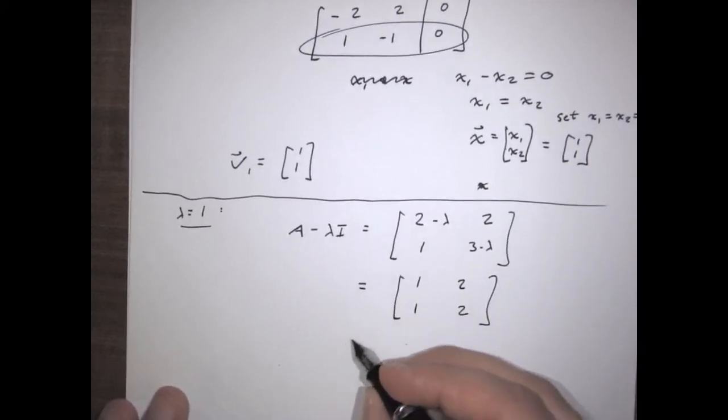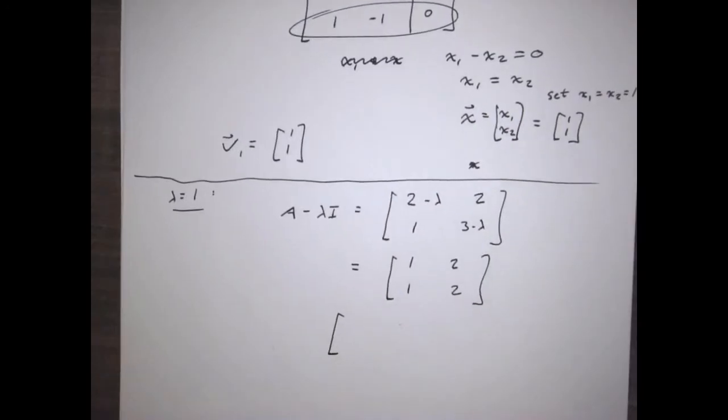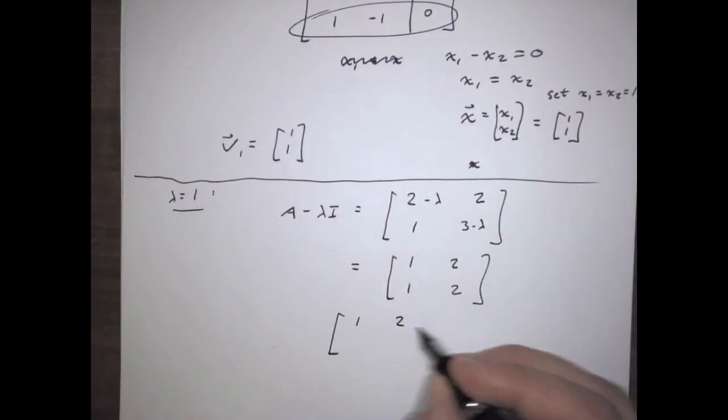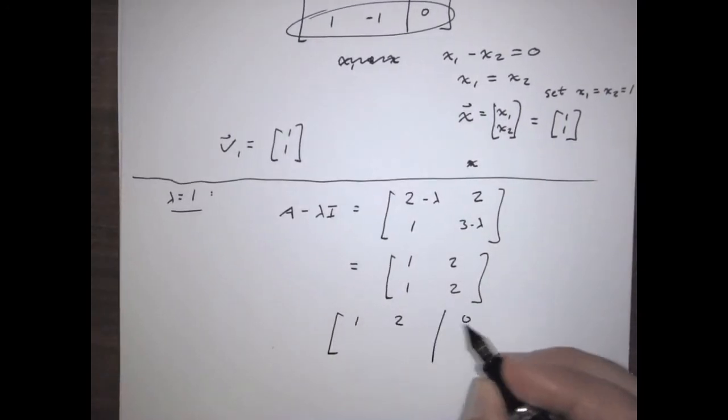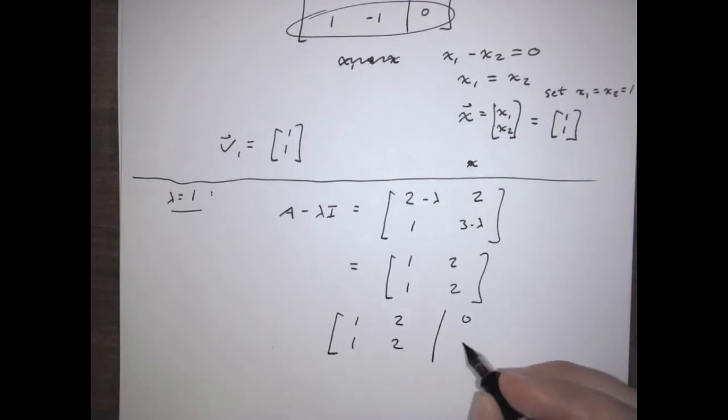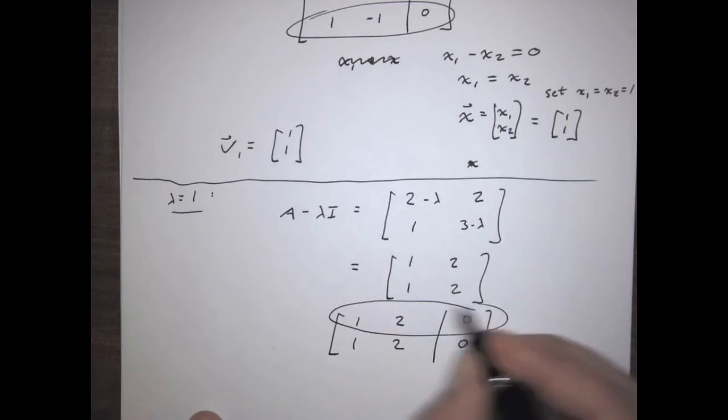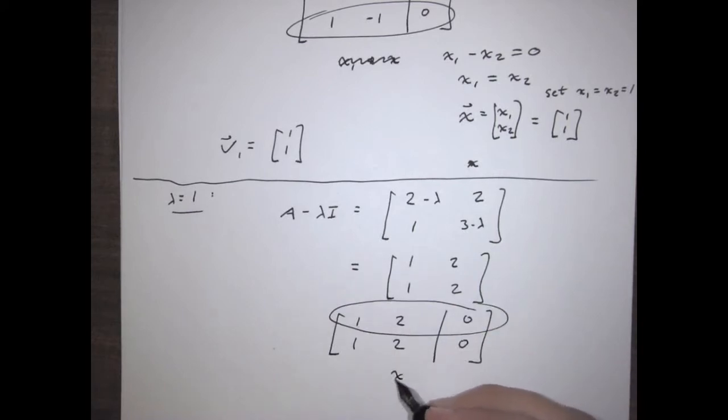And so we produce the system 1, 2, augment 0, 1, 2, augment 0, and we can just take any of these rows. This makes x1 plus 2x2 equals 0, which means x1 equals negative 2x2.